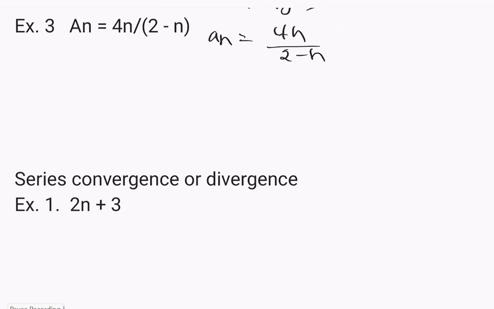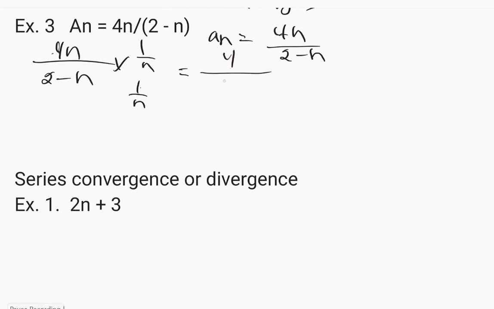So 4n times 1 over n, divided by 2 minus n times 1 over n, equals 4 divided by 2 over n minus 1.